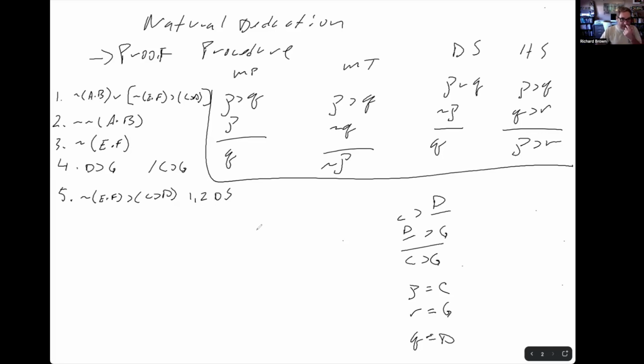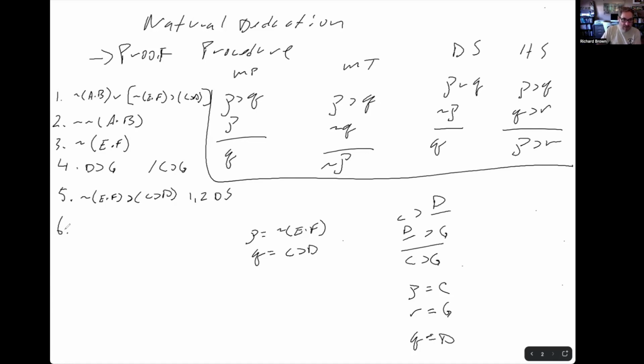So line 5 is a P horseshoe Q situation as long as P is tilde E dot F and as long as Q is C horseshoe D. Then this says P horseshoe Q. Okay, so now if we wanted to get the Q part all by itself, well, we have a rule that allows us to do that, which is the modus ponens rule. And it says, well, if you have a horseshoe and you have the antecedent written down, then you can break off the Q part and write it down.